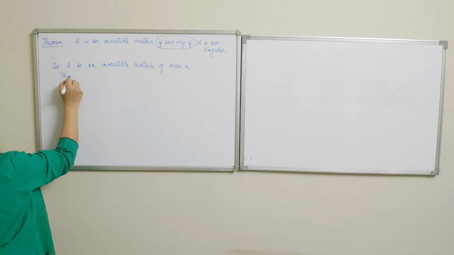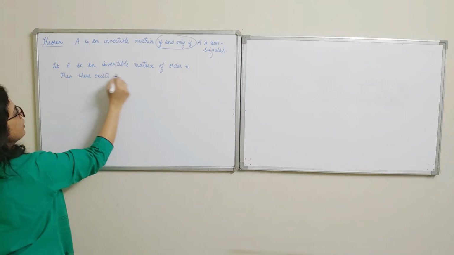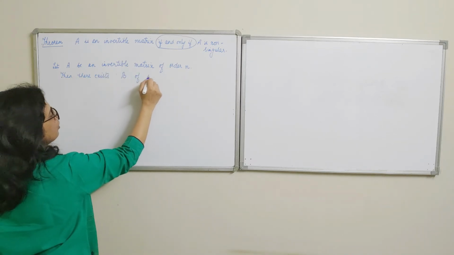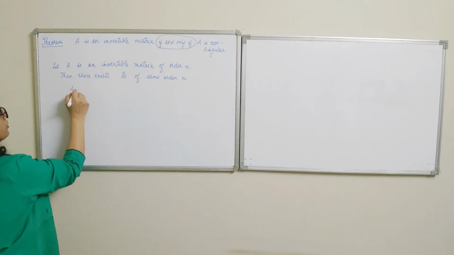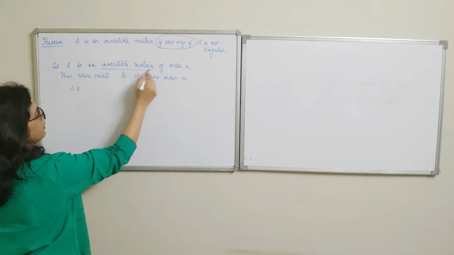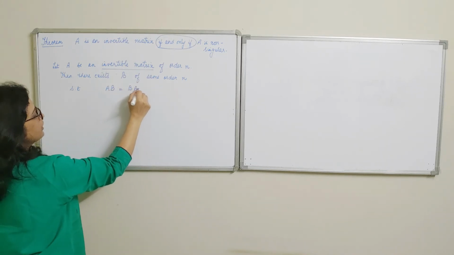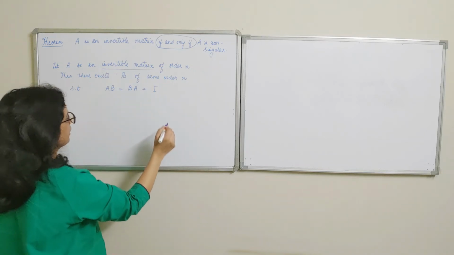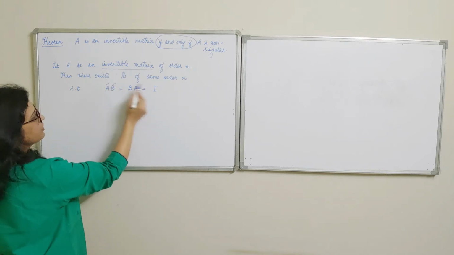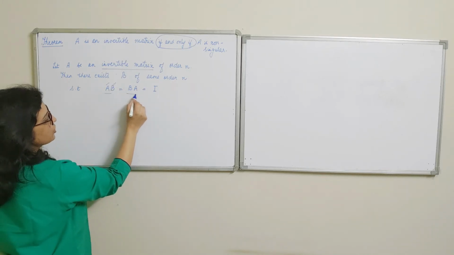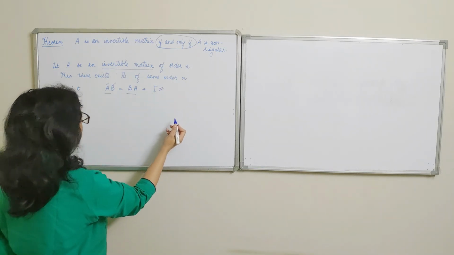Because it is invertible, then obviously there exists matrix B of same order n such that, by definition of invertible matrix, A multiplied by B should be equal to B into A, which should be equal to identity matrix. So the product of the matrices is equal to the identity matrix.